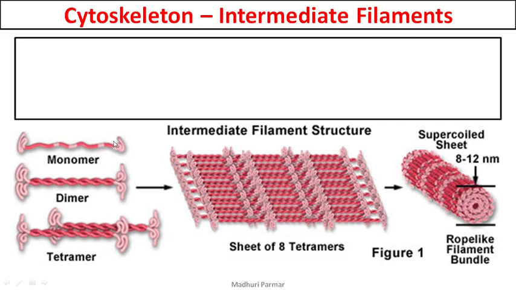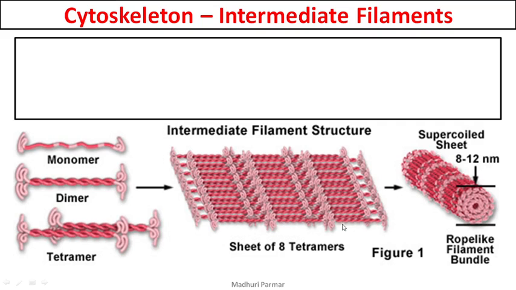Then two monomers come together to form a dimer. Two dimers come together to form tetramers. And such 8 sheets of tetramers, you can count 1, 2, 3, 4, 5, 6, 7 and 8, come together and form such a carpet like structure.